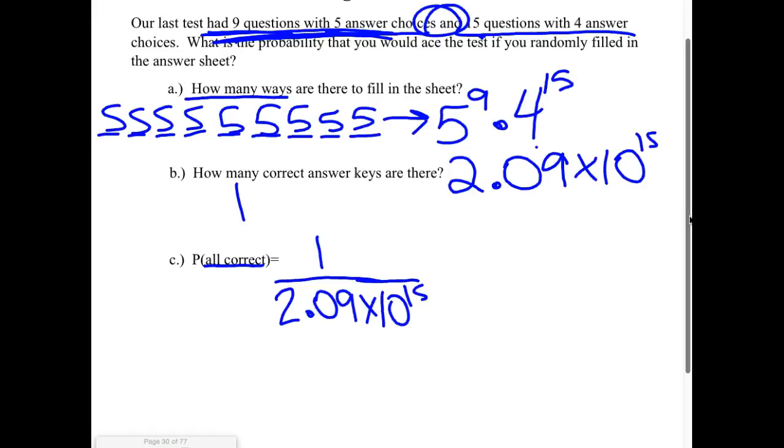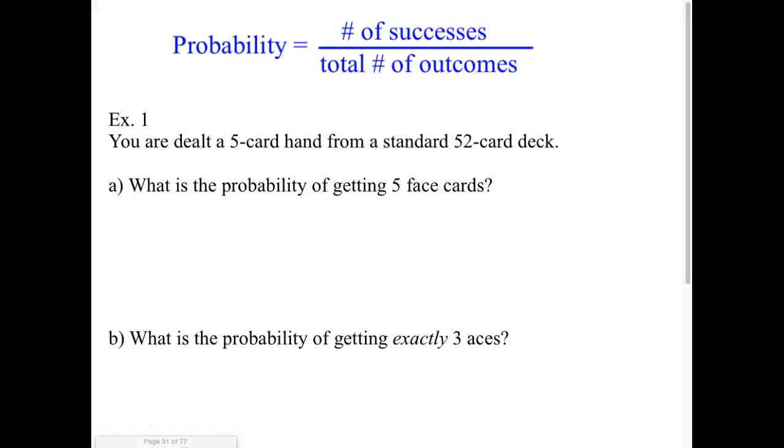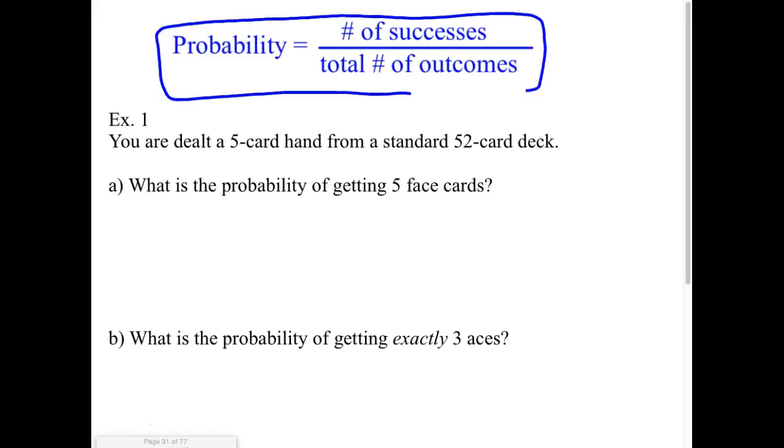Okay? All right. Our next problem is talking about probability. Again, a reminder, you put number of successes over total number of outcomes. This is what we're going to be using today to help us solve.